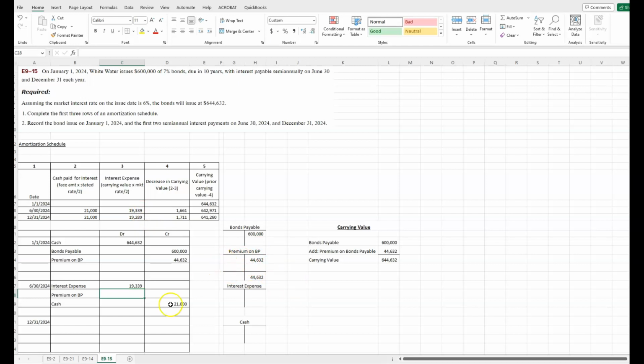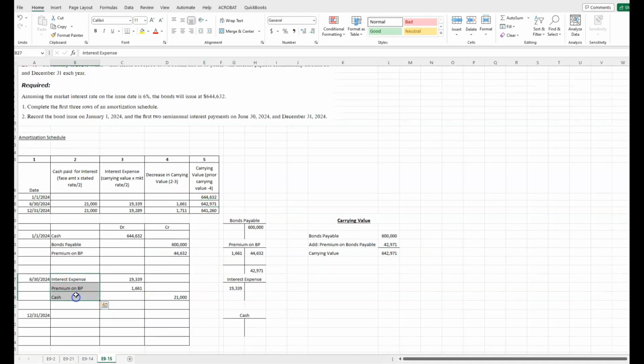We want to debit it because we're working on decreasing that premium. So we're going to use the 1661 here. Interest expense, 19,339. Our carrying value is 642,971, and this is what we set up here.